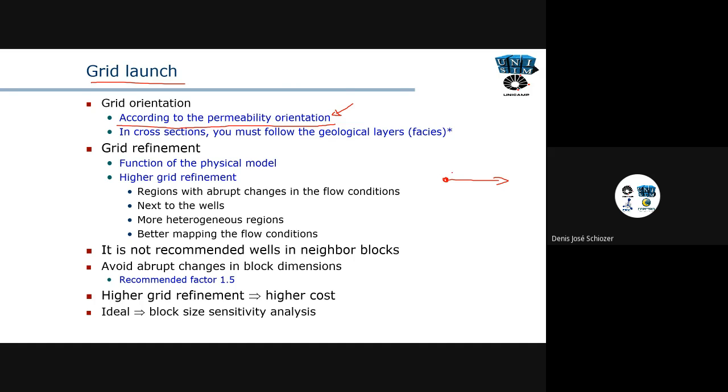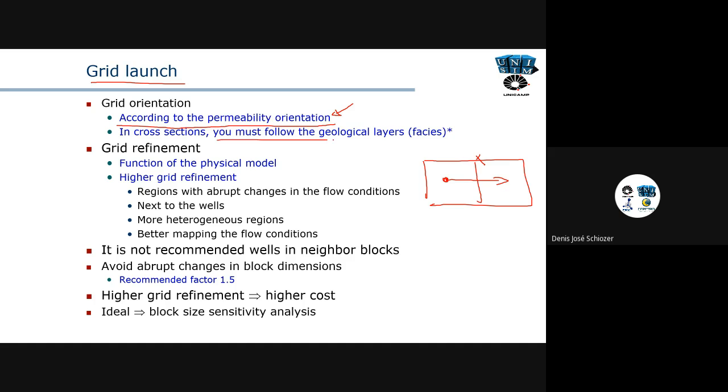For example, if we have a higher permeability in this X direction here, the fluid will have a tendency to move easier in this direction. So it's a very wise solution to orient our grid in this direction. Sometimes it's not easy to do it because we have a geometry that's very complex. But if you can use this, it's also a good solution. Okay.